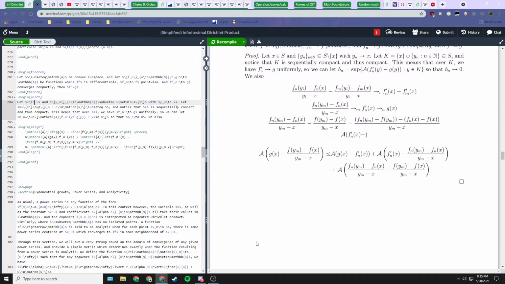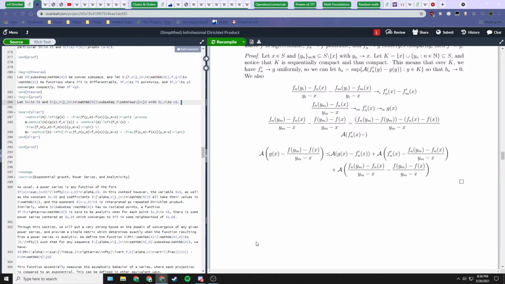Let x be a point in our space S. Y sub n is a sequence in that space S without x, limiting to x. Actually we don't need this. If we assume f is already differentiable, then we get this for free.